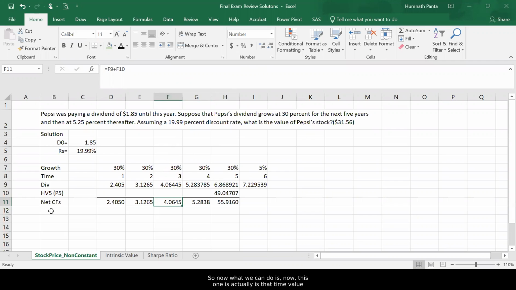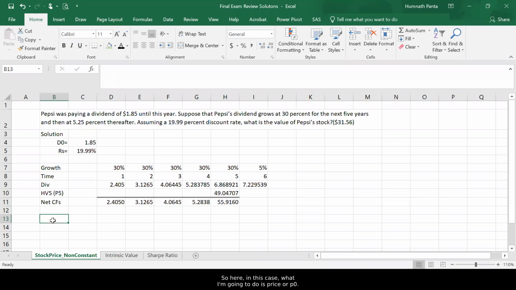Now this is actually a time value of money problem with uneven cash flows. If you recall, we can use the NPV function in Excel to solve for the price.